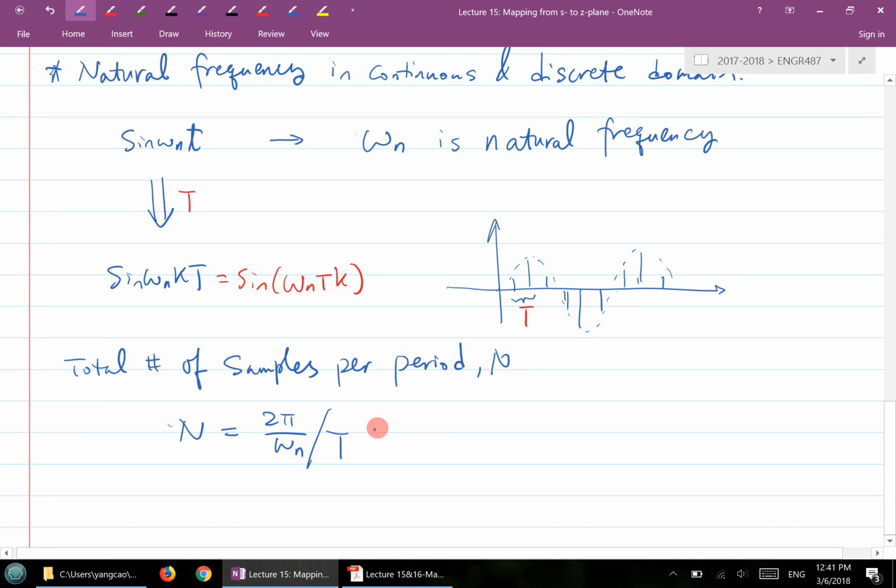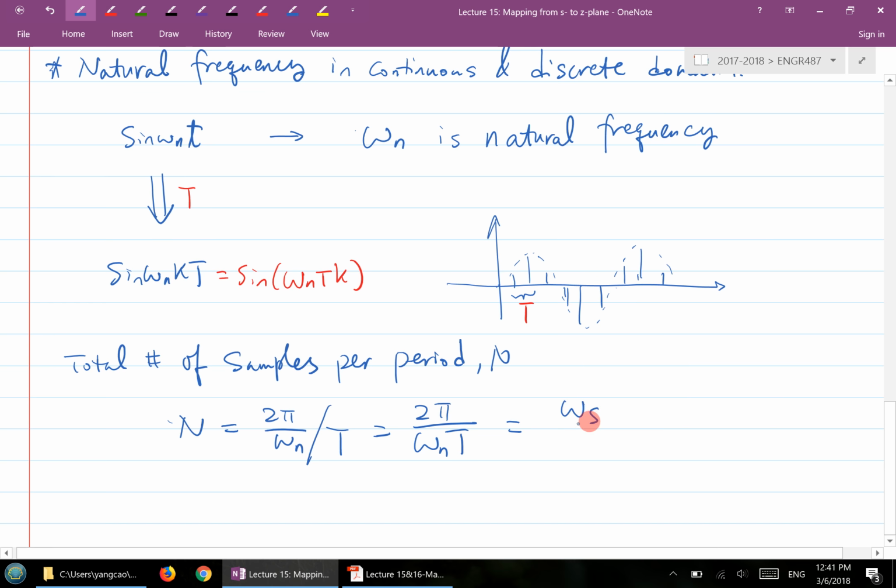So I can rewrite this as 2 pi over omega n divided by T. And 2 pi divided by the sampling time T is omega s, so N equals omega s over omega n, the sampling frequency over the natural frequency.